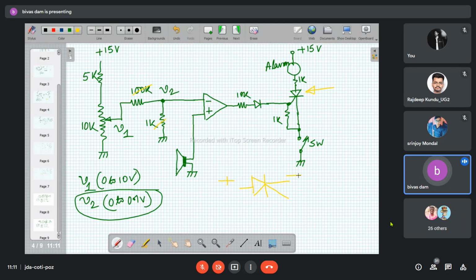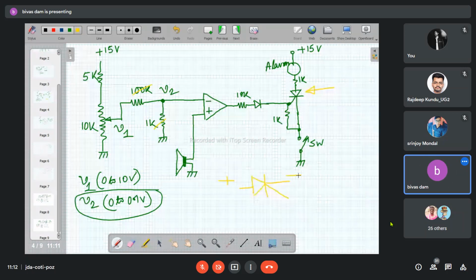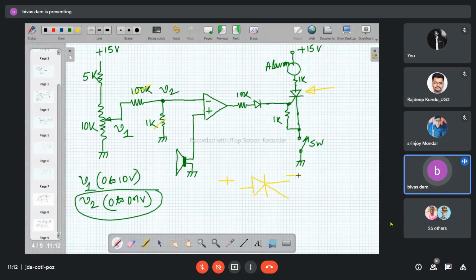The SCR will remain off until and unless it is fired by a gate pulse. Through the gate, you have to send a conducting pulse. As soon as the gate is triggered, the SCR will be turned on.